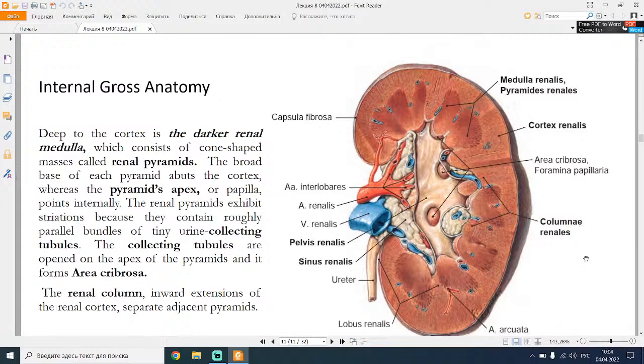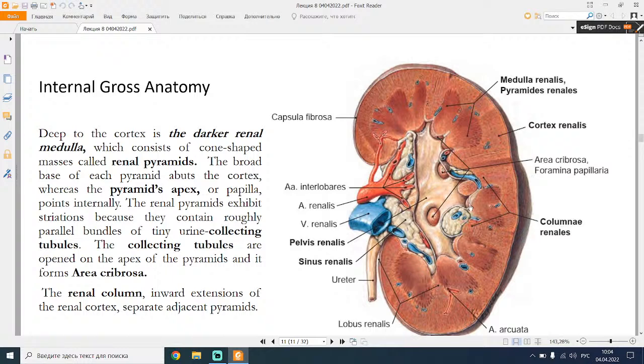Deep to the cortex is the dark renal medulla, which consists of cone-shaped masses called the renal pyramids.